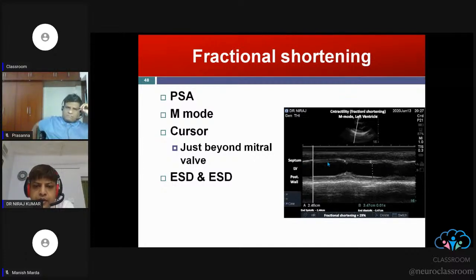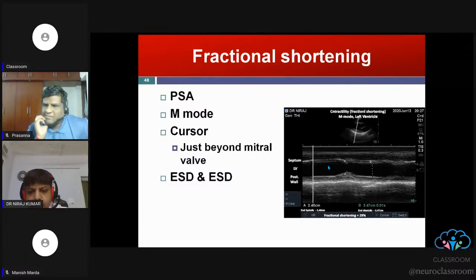Remember, this is the interventricular septum, and this is the cavity of the left ventricle. So this is the systolic diameter, and this is the diastolic diameter. You have to place your cursor to calculate the end systolic diameter and the end diastolic diameter.